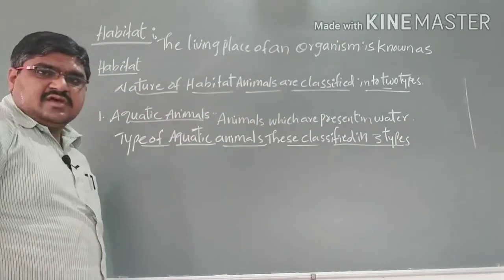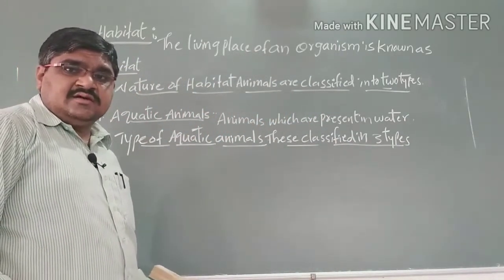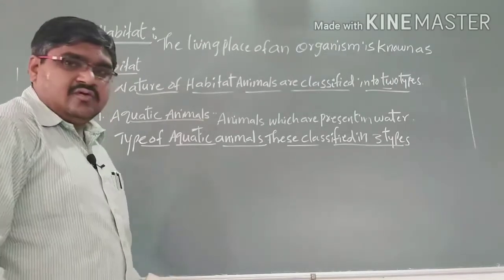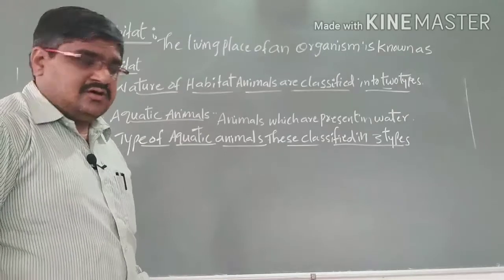The first one we can call zooplanktons, the second one is called nectons, and the third one is called benthons.